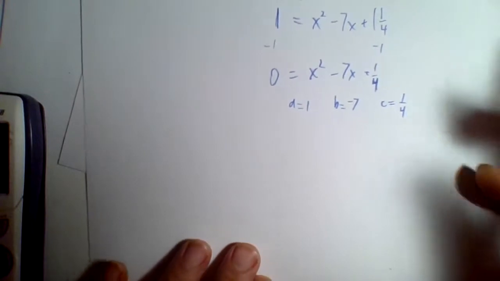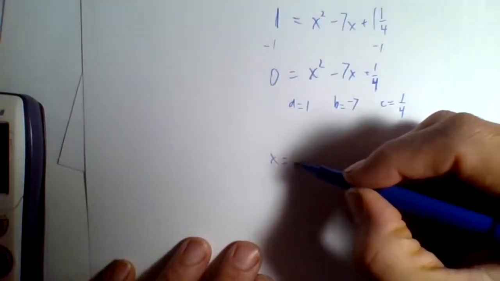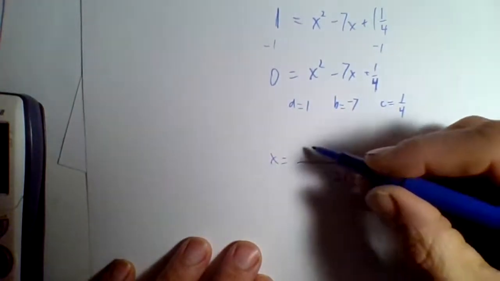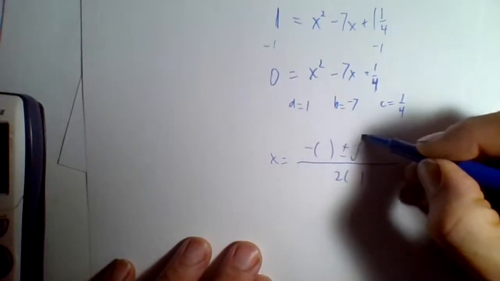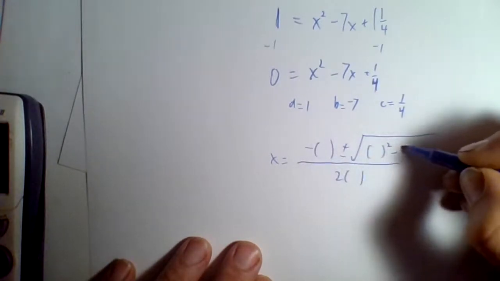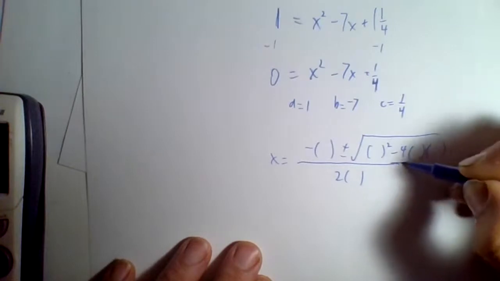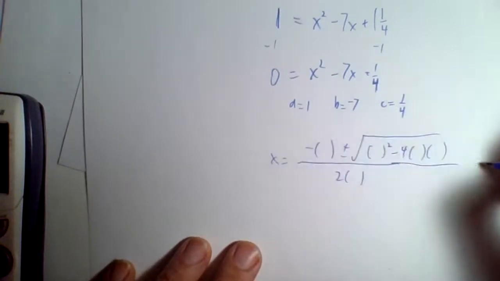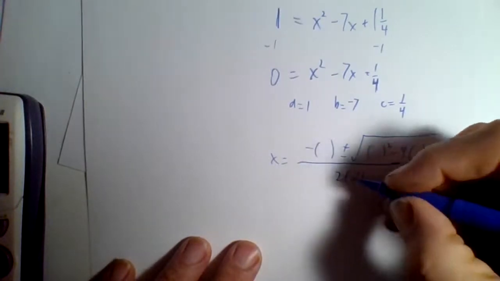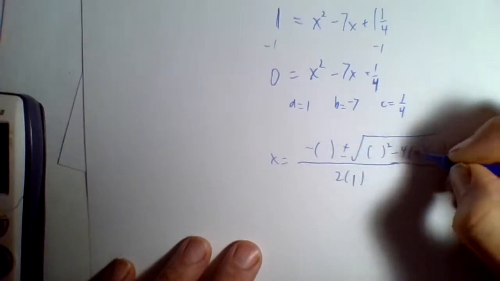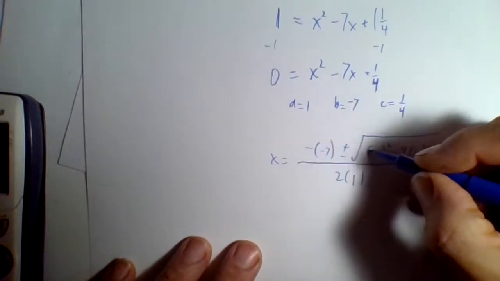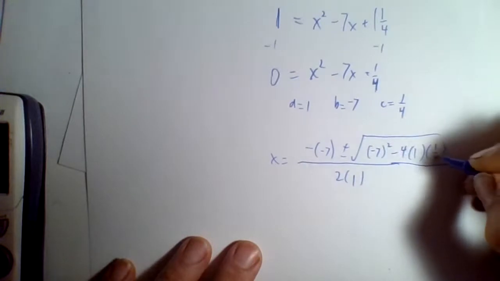We drop those into the formula for the two solutions. Squared minus 4, this. Drop the numbers in. Be careful with the long bar. This whole thing is divided by 2 here. This is a, b is -7, and c is 1/4.